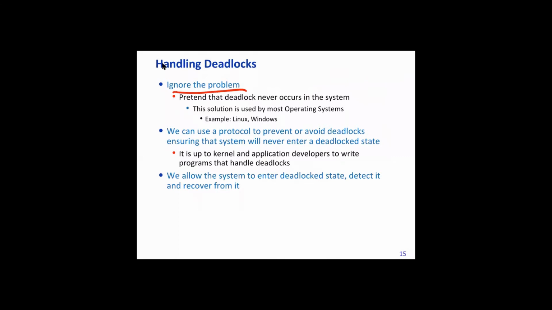So now there are ways to handle deadlocks. One is to ignore the problem. How do you design your system well? When you're a programmer, you design the algorithm and write the program such that it does not get into a deadlock state. How do you do it?